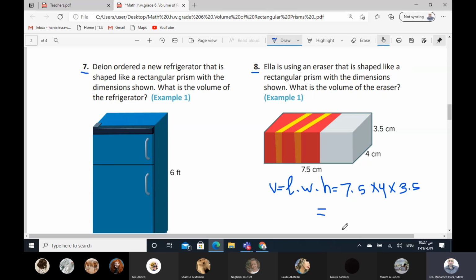Oh, sorry, I could have made a mistake. Mr., is the answer 105? Great. The answer will be 105. And what is the unit? Centimeter. Centimeter cubic. Thank you.